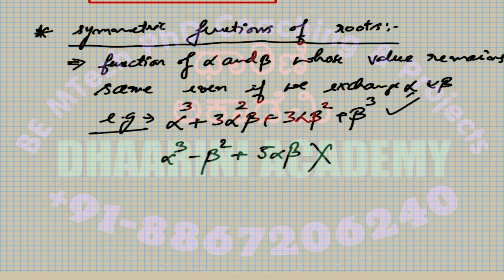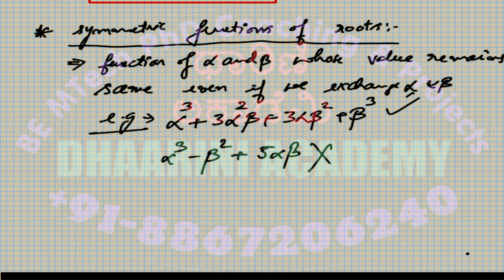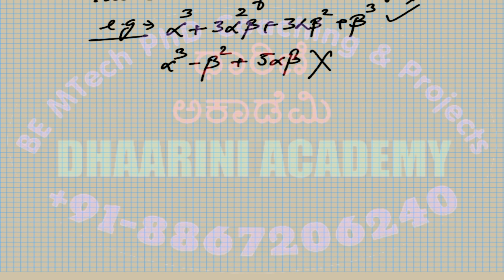Okay, now in order to find the value of a symmetric function, in terms of alpha plus beta, alpha minus beta, we can find that directly using the coefficients of the given equation. How to do that we can see.